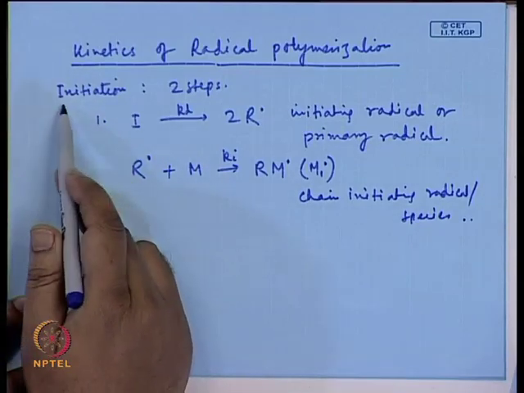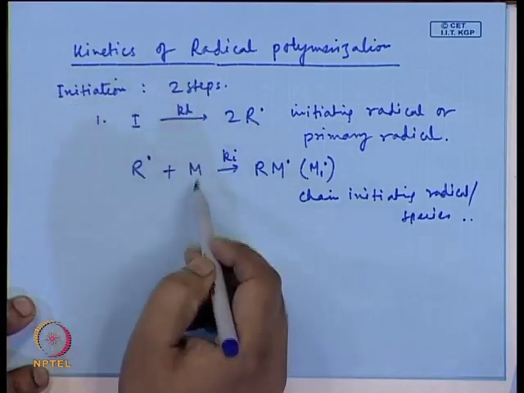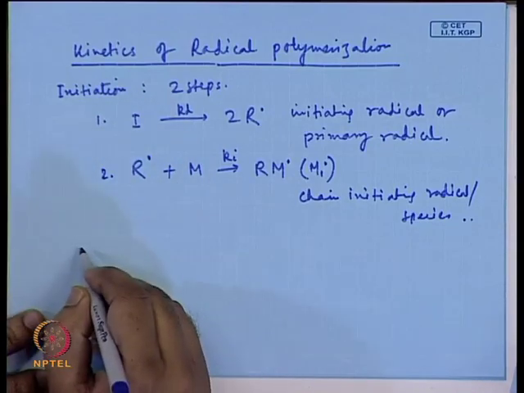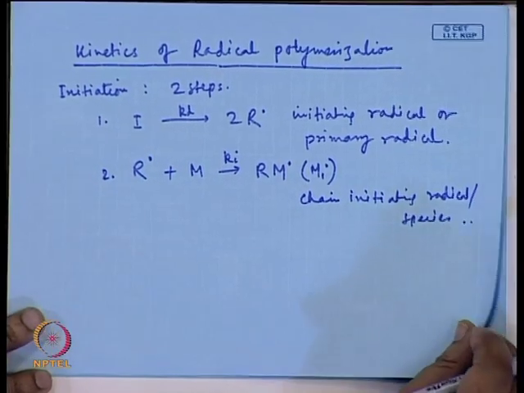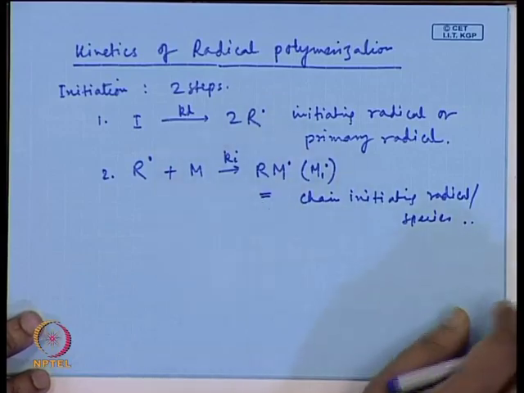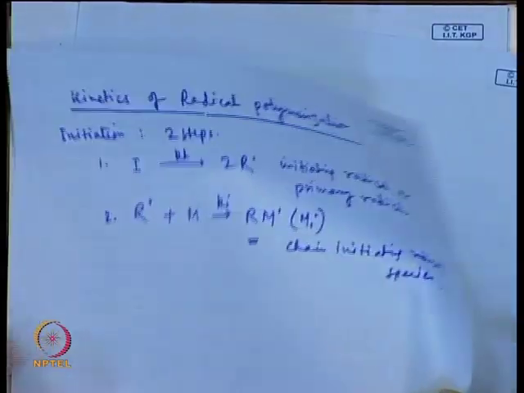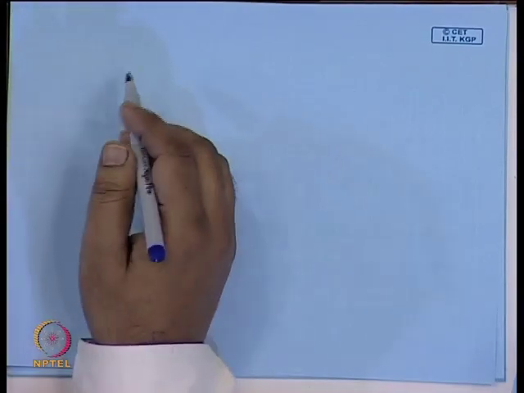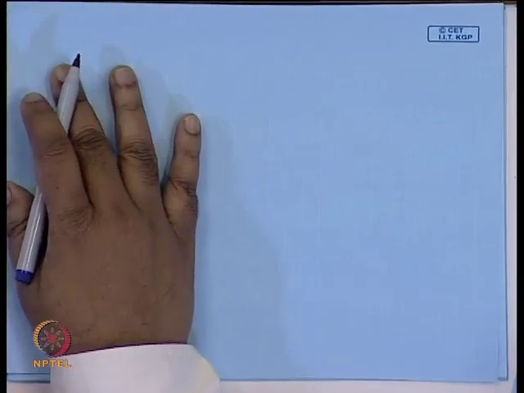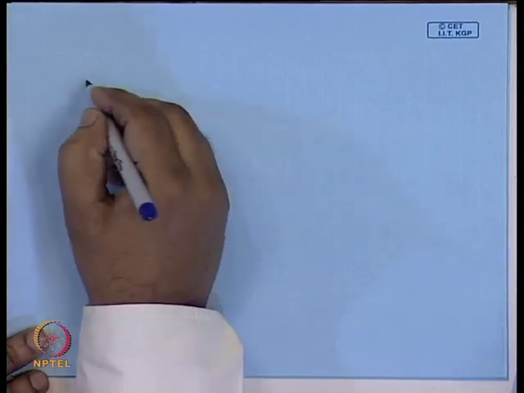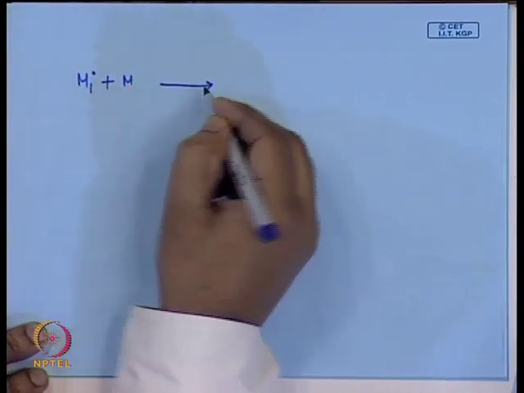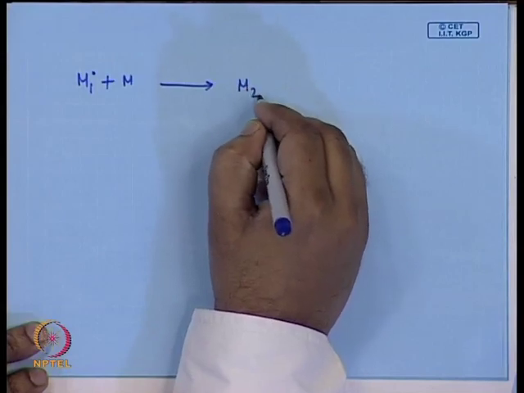So, the initiation step actually consists of two sub steps, 1 and 2, and then this chain initiating radical reacts with another monomer to form M2 dot.